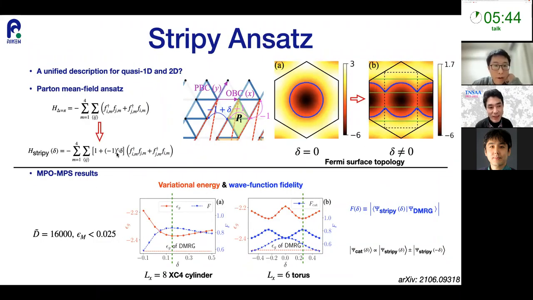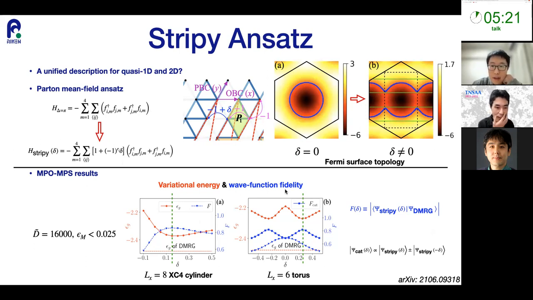For example, you set up specific data and obtain the parton ansatz wave function, and then you can use the MPO method to convert this specific wave function to an MPS representation, and then you can do the following steps.